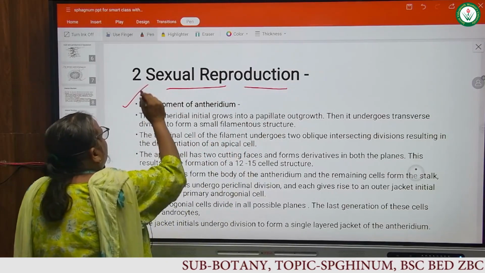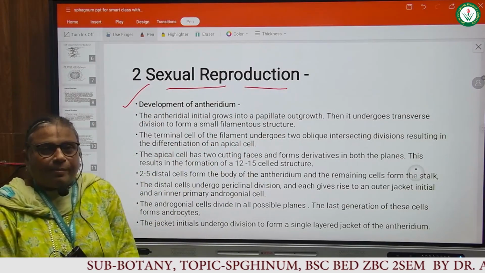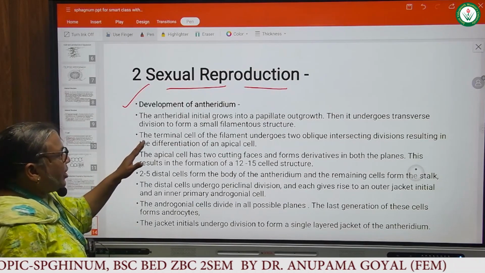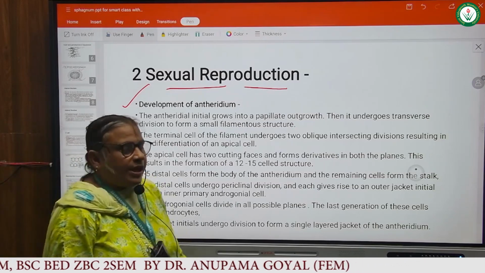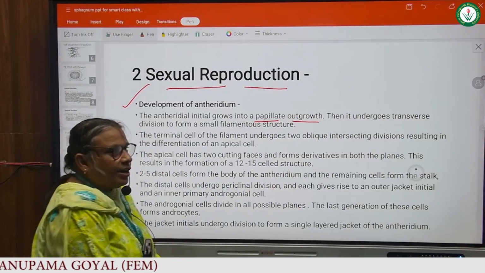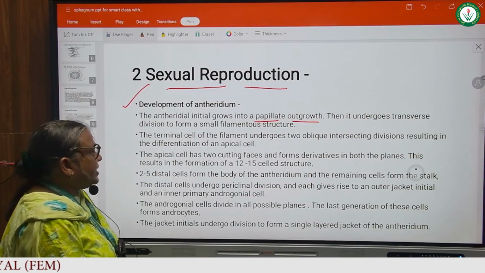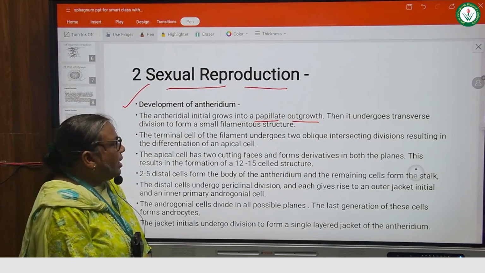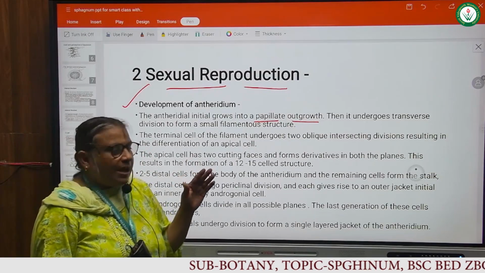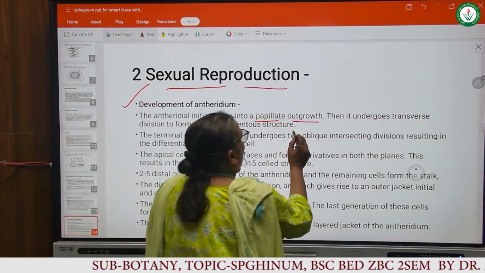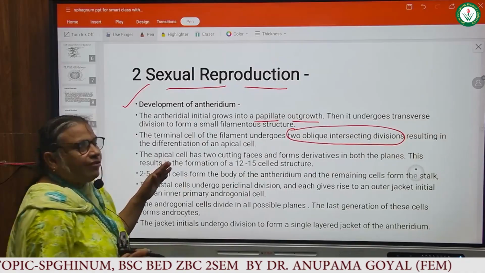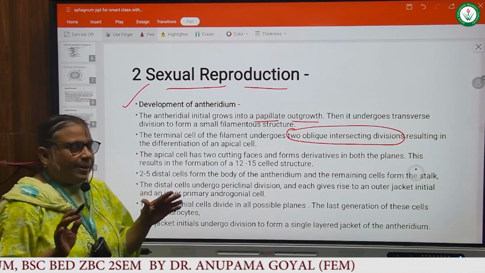First of all, I will talk about the development of the antheridium in Sphagnum. The antheridial initial grows into a papillate outgrowth, then it undergoes transverse division to form a small filamentous structure. The terminal cell of the filament undergoes two oblique intersecting divisions, resulting in the differentiation of an apical cell.